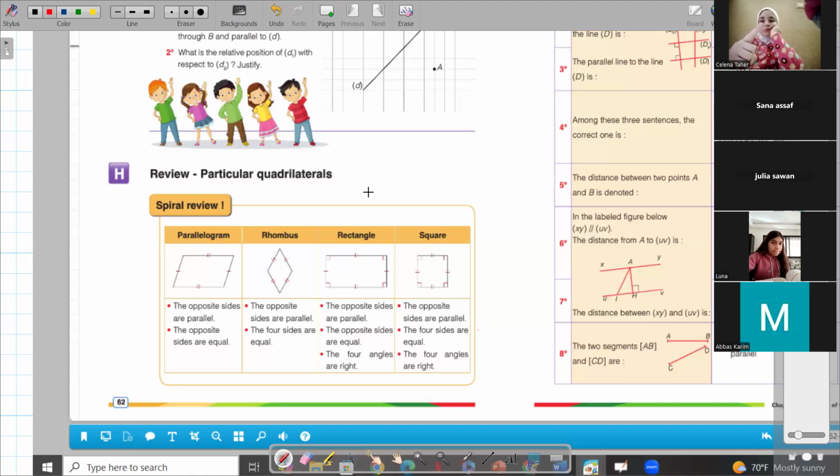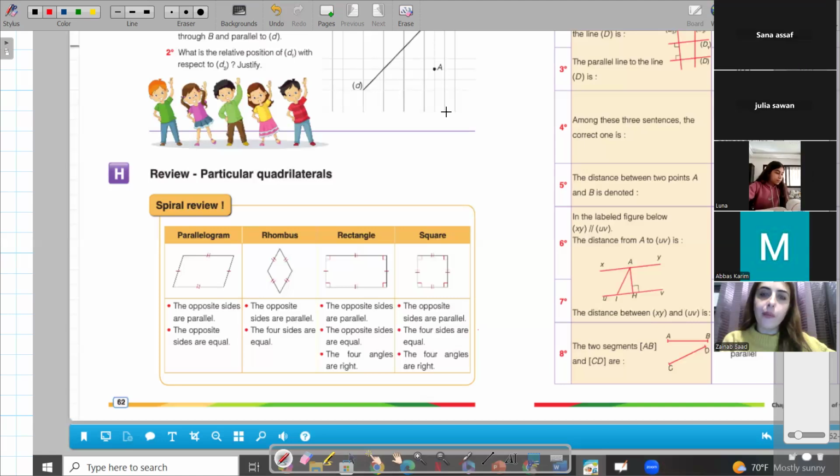Can you remind me what the quadrilaterals mean? Quadrilaterals mean shapes like a square, rectangle, rhombus, and parallelogram. Okay, but what are the characteristics of those shapes? Why do we call them quadrilaterals?